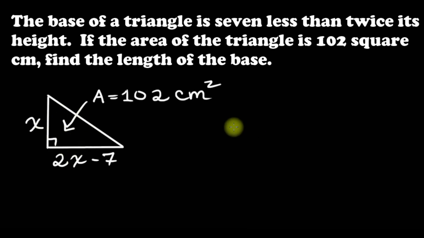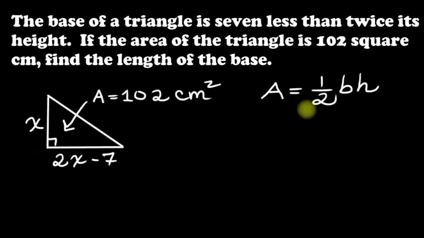So in order for us to find what x is, we need to know the formula for the area of the triangle, because we have base, height, and then area. The formula for the area of a triangle is A equals 1/2 base times height. Now we have all these numbers that we can plug in.